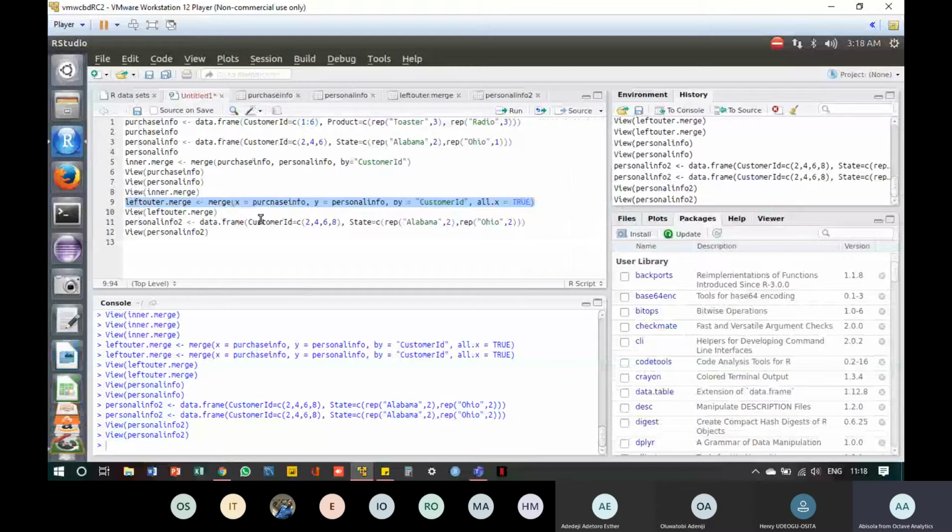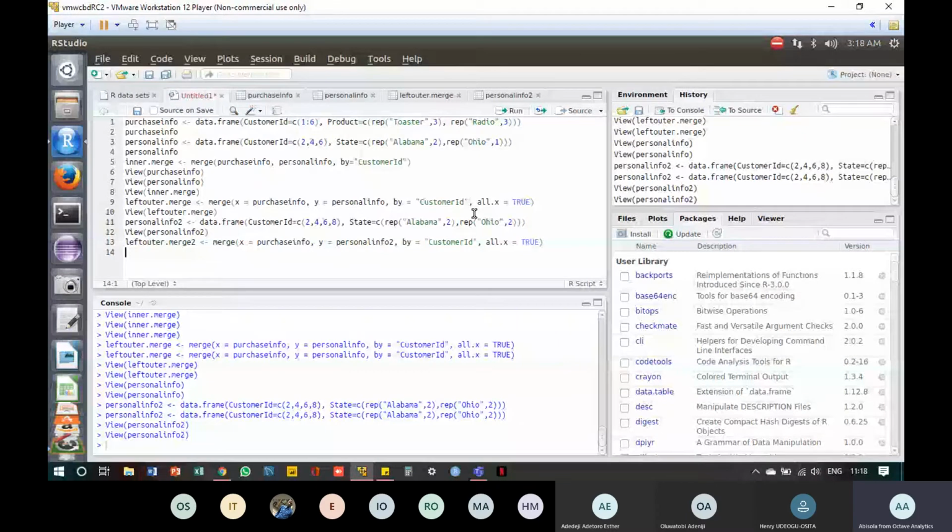I want to merge it on personal info 2. I just want to show us something. Personal info 2. And then I want to view this after. Left outer merge 2. So I'm going to run this.